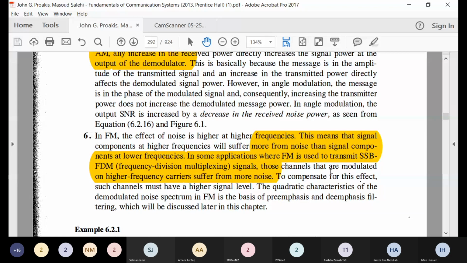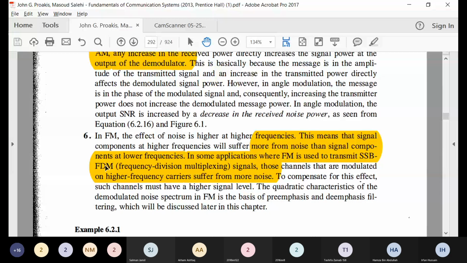So in some applications where we use FM to transmit, for example, single sideband FDM signals, each channel is single sideband, and then all the bands are frequency multiplexed. You know in single sideband the bandwidth is just W, and after every W we have placed a new channel; that will be called SSB FDM.